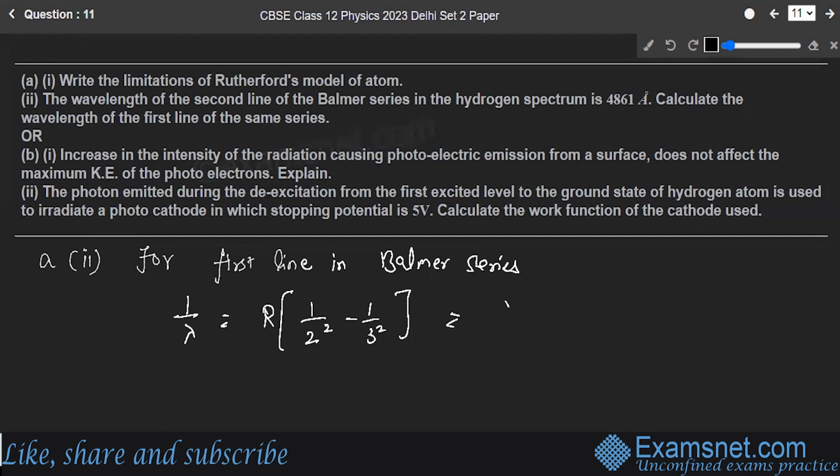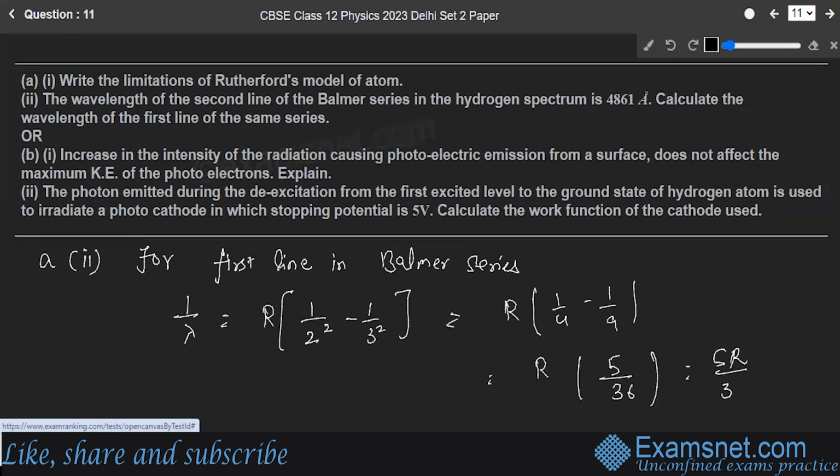This will give you R into 5 upon 36. So this is equal to 5R upon 36. Okay. Now this is for the first line.